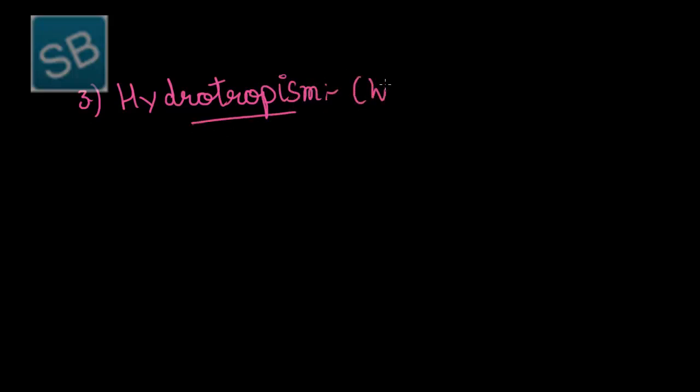The third type of tropism movement is hydrotropism. That is a tropic movement which is caused by water. Generally, such a type of tropism movement occurs in the roots of higher plants.